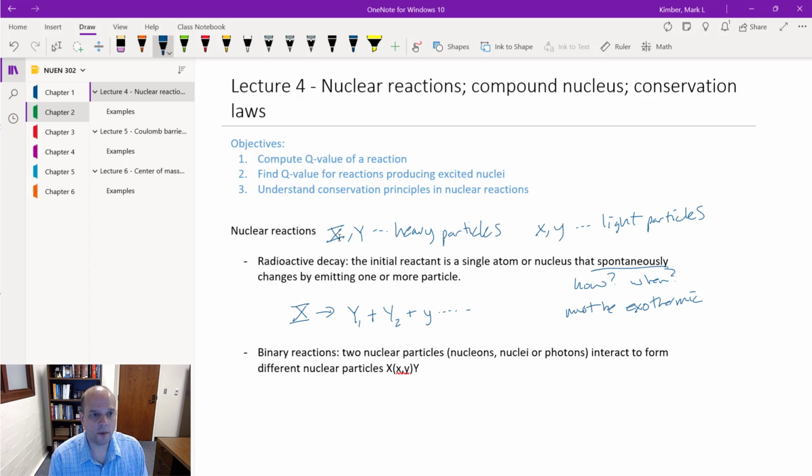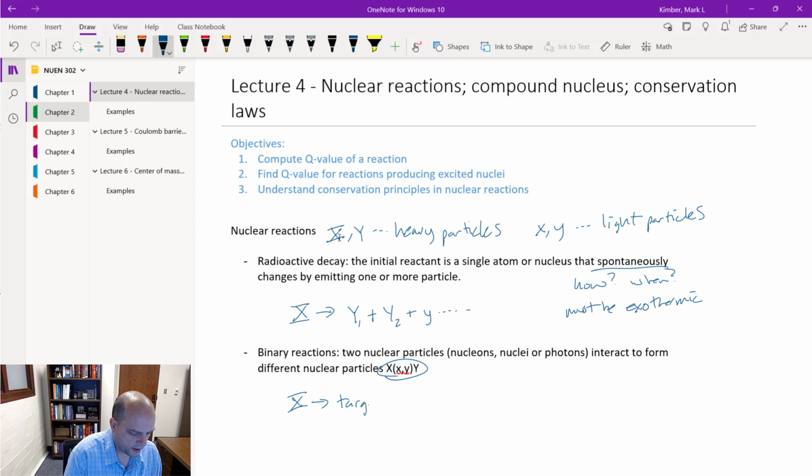But for now, what we're going to focus on is what we're going to term binary reactions. In this case, we've got 2 nuclear particles that interact to form a different pair of particles. And in this shorthand notation you see here, again, this capital X is going to be my large particle, my heavy particle.